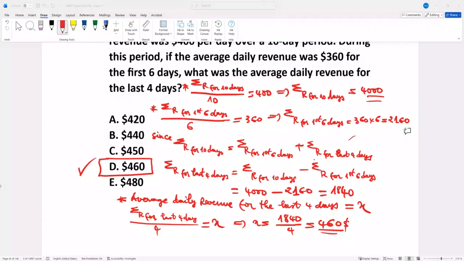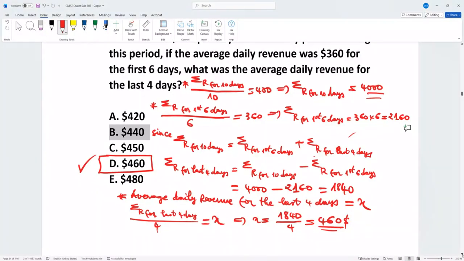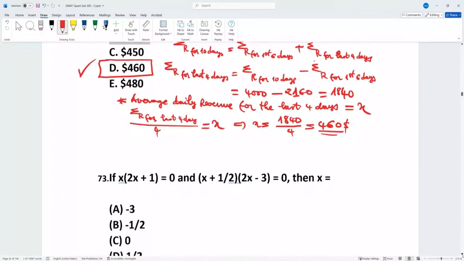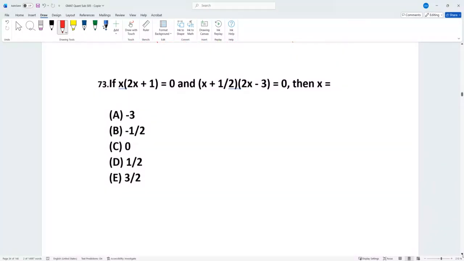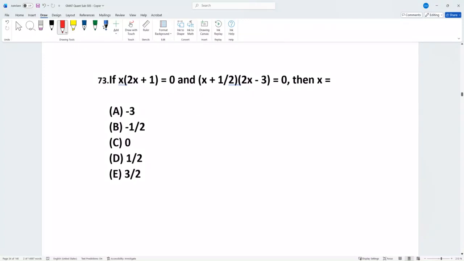Let's go to question 73. So question 73, here we have, if x is a factor of 2x plus 1 equals 0 and x plus 1 over 2 is a factor of 2x minus 3 equals 0, then what is the value of x? So let's just try to put together a system of equations here.